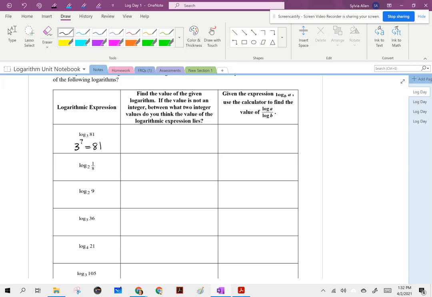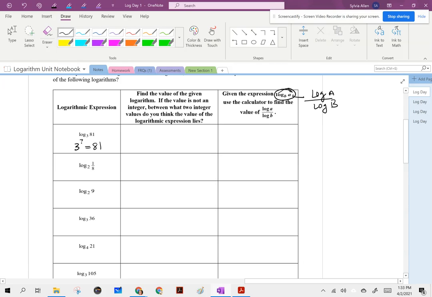And then it says, given the expression log of base b of a, use the calculator to find the value of log a divided by log b. So they're saying, okay, the log of the argument divided by the log of the base. Like, what do you get?